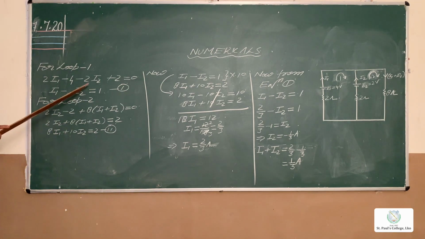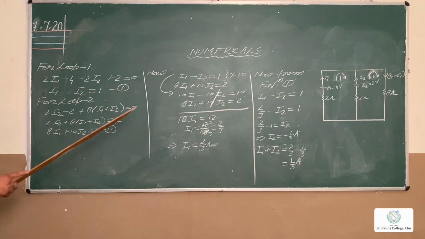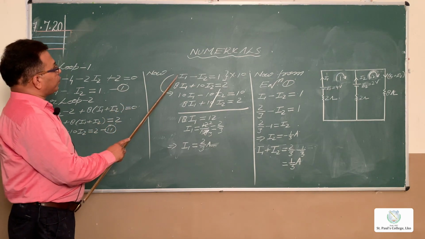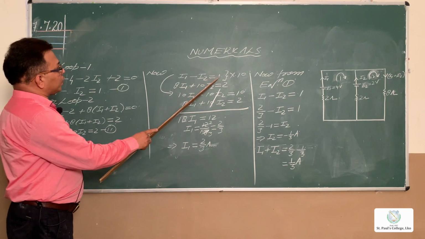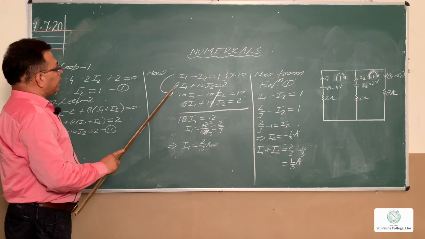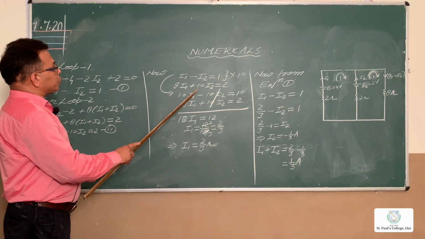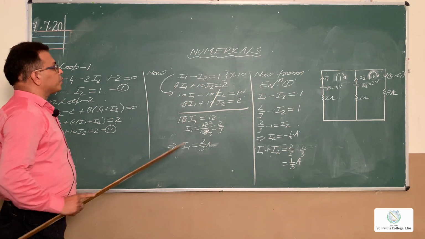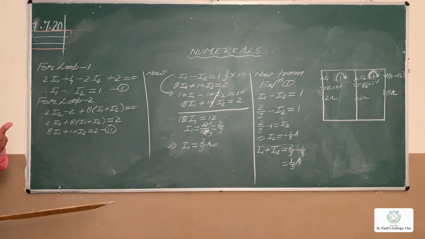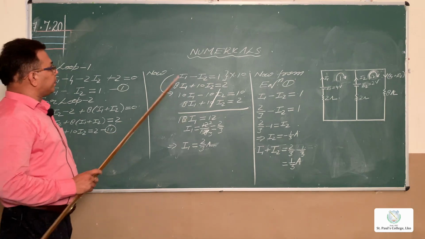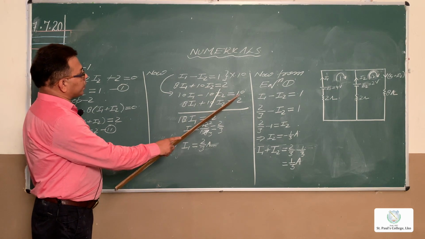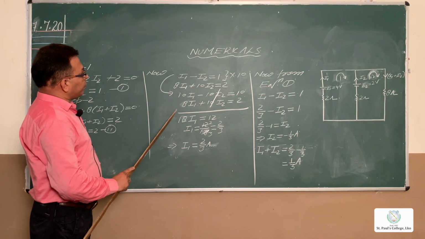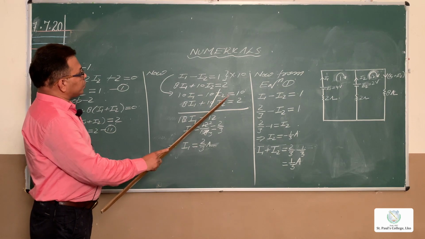Now we will solve these two equations, equation 1 and equation 2. The first equation is I1 minus I2 is equal to 1, and the second equation is 8I1 plus 10I2 is equal to 2. Now you will solve simultaneously. Multiplying the first by 10, you will write 10I1 minus 10I2 is equal to 10, and 8I1 plus 10I2 is equal to 2.